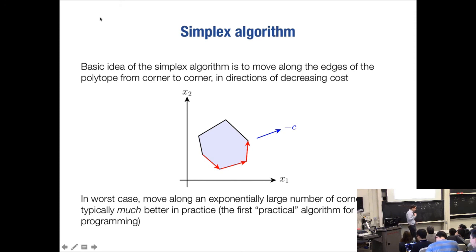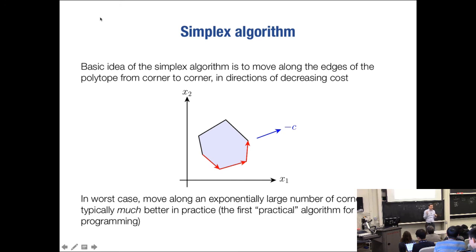Even when there is potentially an exponentially large number of corners, it is often the case that when you walk from one to the other, you encounter far fewer than all of them.